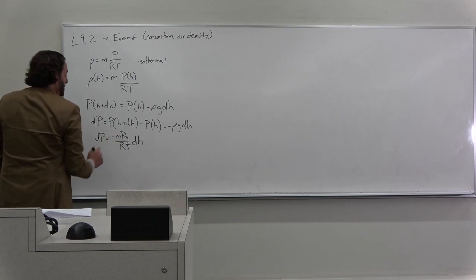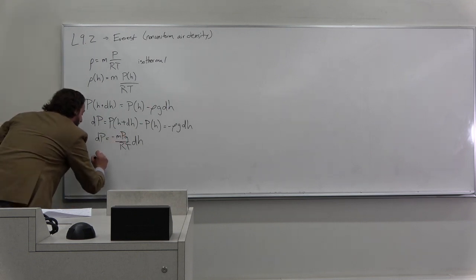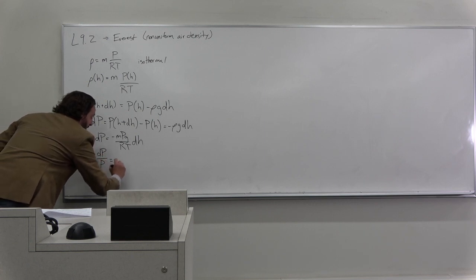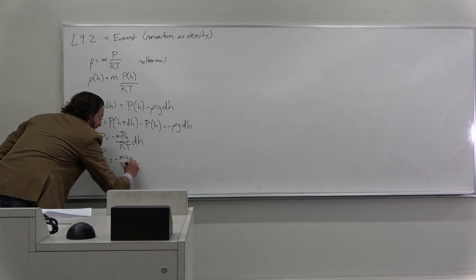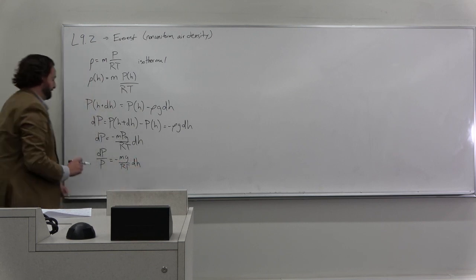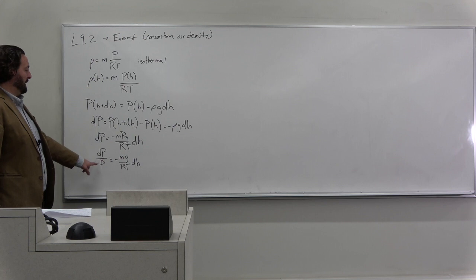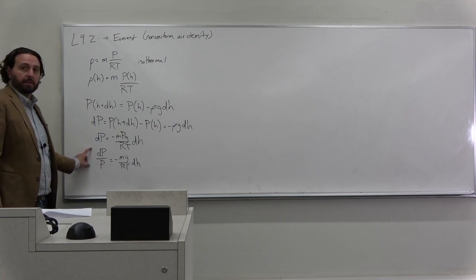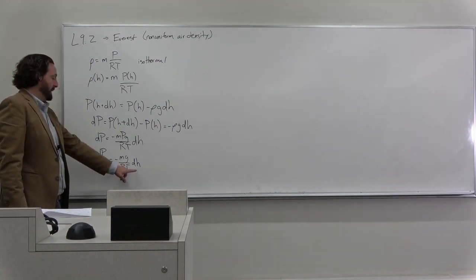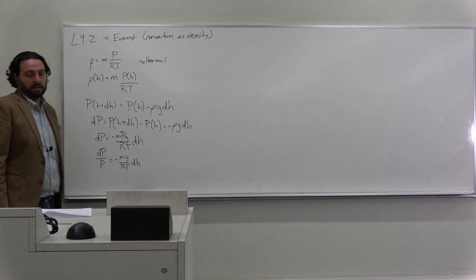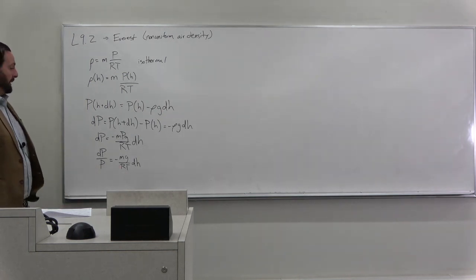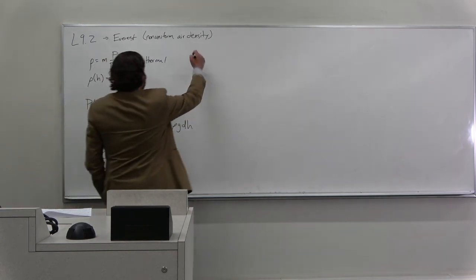What we really want to do is put the pressure on the other side: dP over P is minus mg over RT dH. Great. So now we can see we've got all the pressure dependence over here and the altitude dependence H over here, and mg over RT is a constant. So now we can integrate both sides.